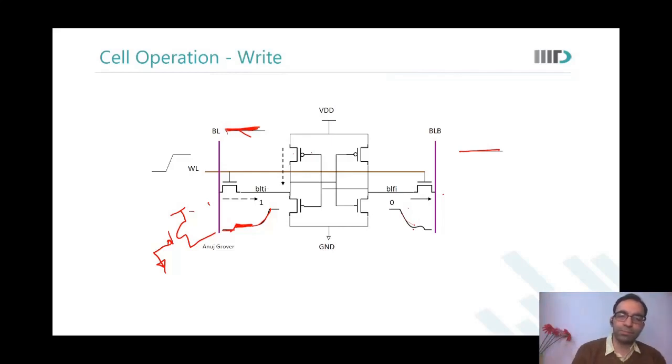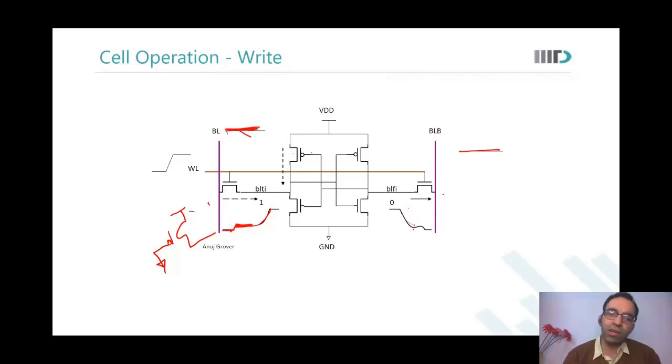Sir, how are we deciding where we need to write one, left side or right side? The user gave you some data. Based on that, you decide whether BLTI needs to be 1 or 0. Okay, so suppose, sir, if you want to write one on the BLTI side, what should I do? That is what we just said, no?